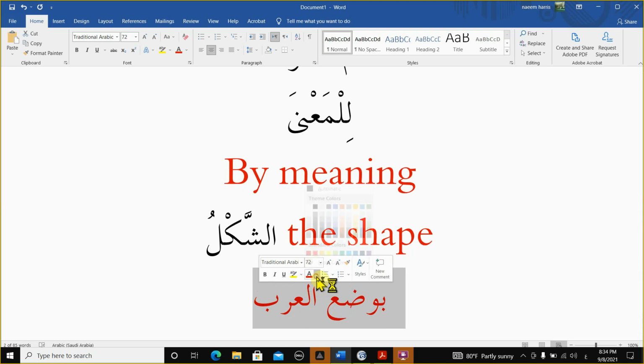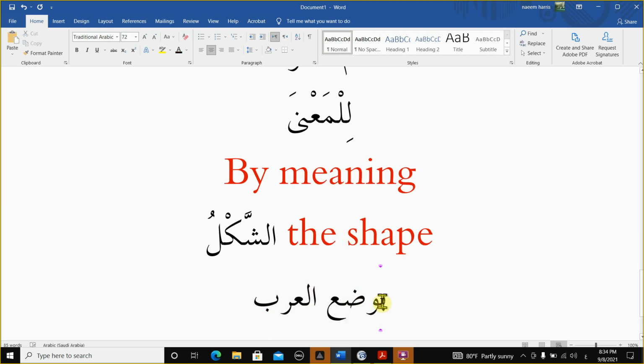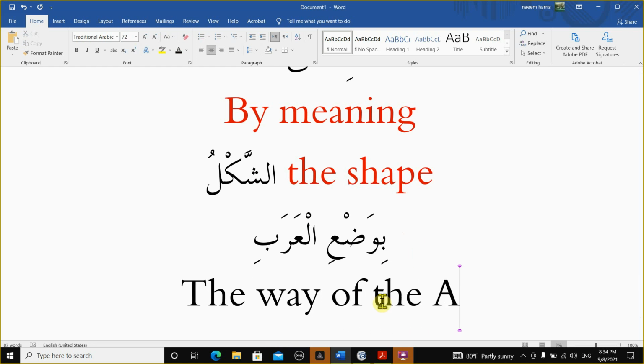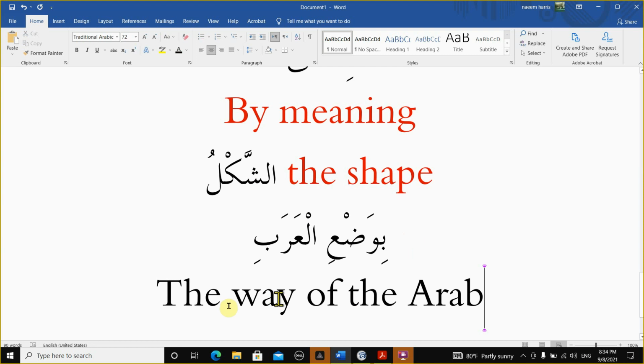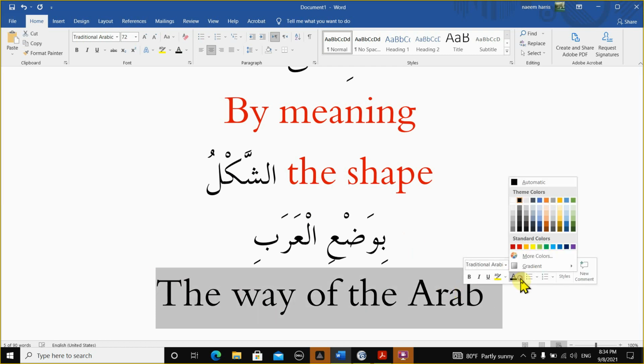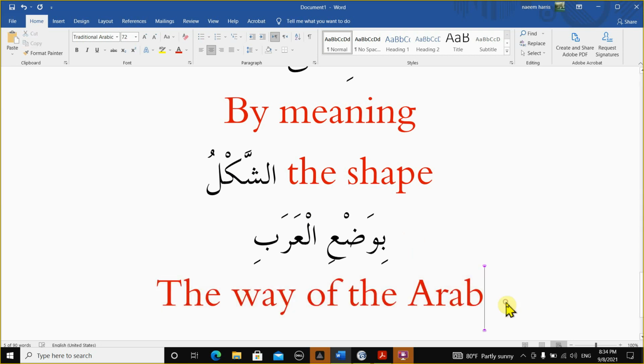But for whatever reason, the Arabs use this word in a feminine manner. بوضع العرب, the way the Arabs use it, the people of the Arabic language. And there are others: body parts in pairs, some geographical locations.